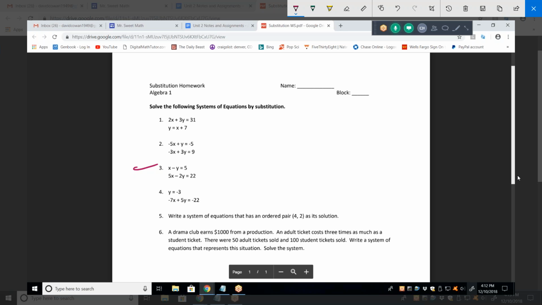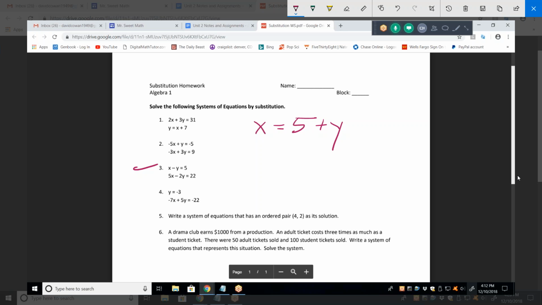So all I've got to do is add y to both sides, and I get x equals 5 plus y. And like I said, it doesn't really matter which variable you solve for. You solve for whichever one's the easiest. I could have solved for y, but I would have had to do 2 steps. Then I'd have had to move the 5 to the other side.